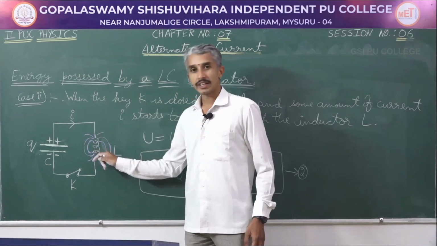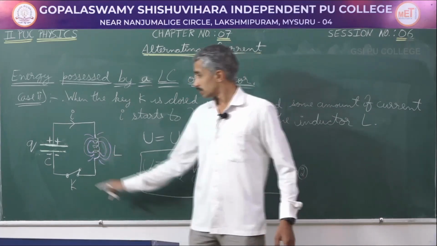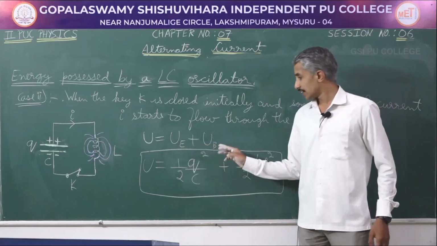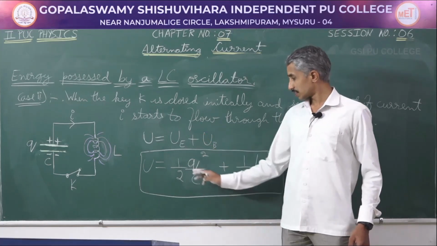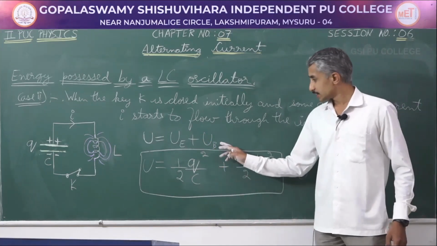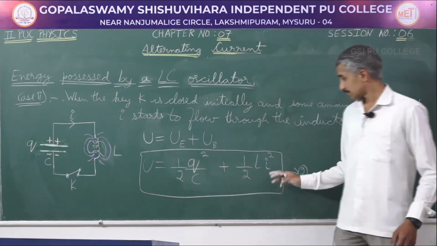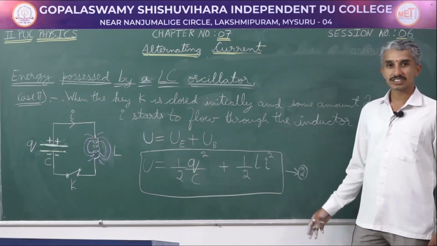So, it also possesses an energy, and in this case it is magnetic energy. The energy in the circuit is both electrical and magnetic. The electrical energy possessed by the capacitor is half Q square by C, and the energy possessed by the inductor is half L i square.